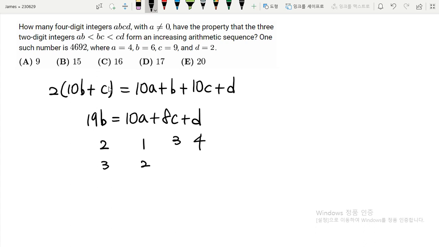If you subtract this 10 times 2 from 19 times 3, so 19 times 3 is 57, so minus 20 is 37. So can you think of a value of C and D making the 37? AC plus D is 37.